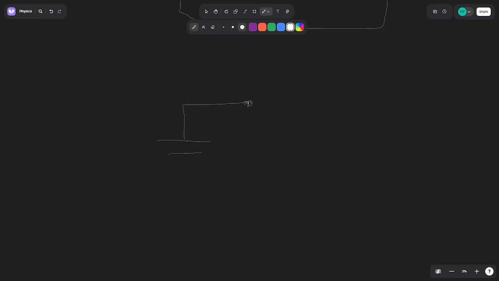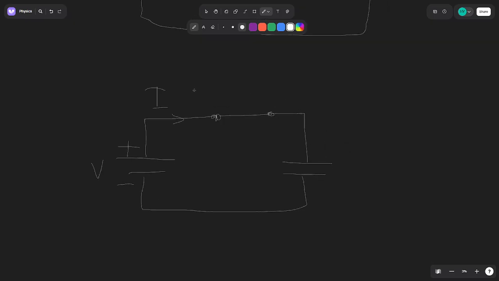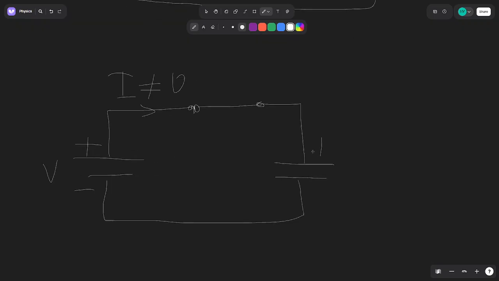Now a closed circuit with the same capacitor, voltage positive and negative. Is the current going here? Sure, it goes. And therefore it means that the current in the circuit right now does not equal 0. And in that case, the capacitor fills up with positive and negative charges.